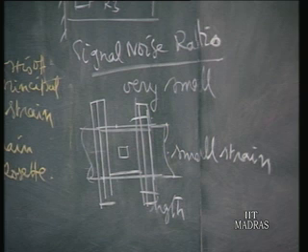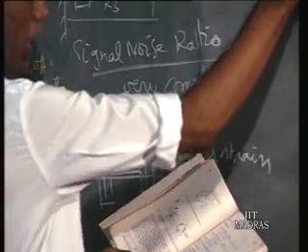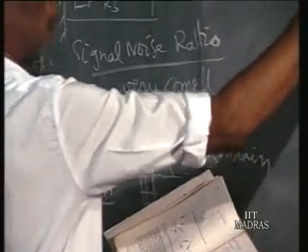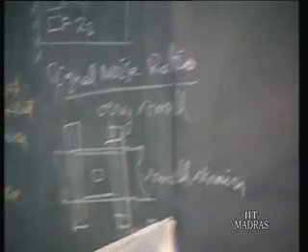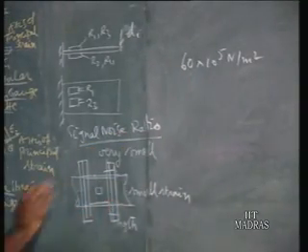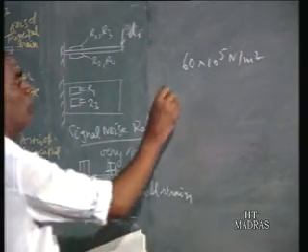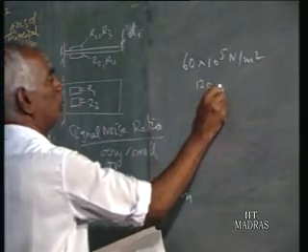As an example, it is worked out. Suppose there is a stress of 60 bar, that is 60 into 10 to the power of 5 Newton per meter square, so many pascals. That means stress is there in a rod, and we are using one strain gauge of 120 ohm.